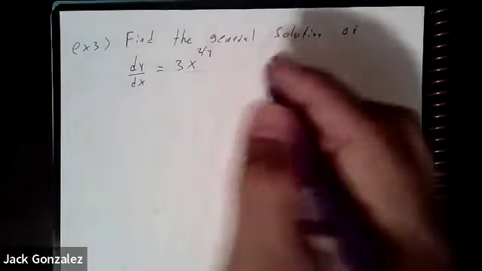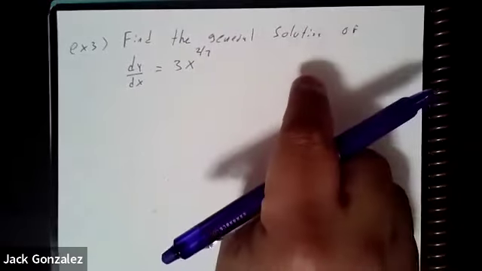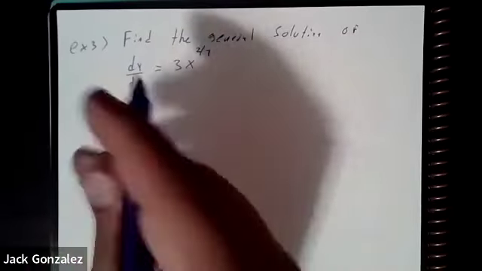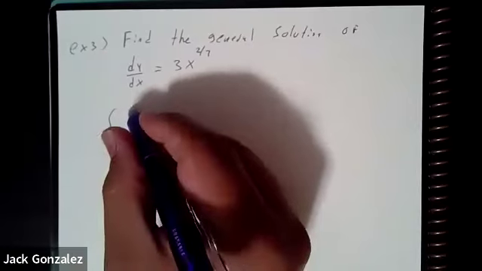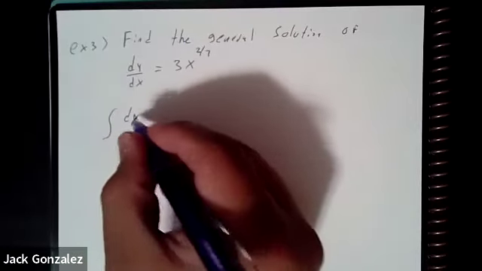Okay. So basically they're just telling you to find the antiderivative, right? Solve for y. In order to get y, I need to do an integration of both sides or antiderivative.